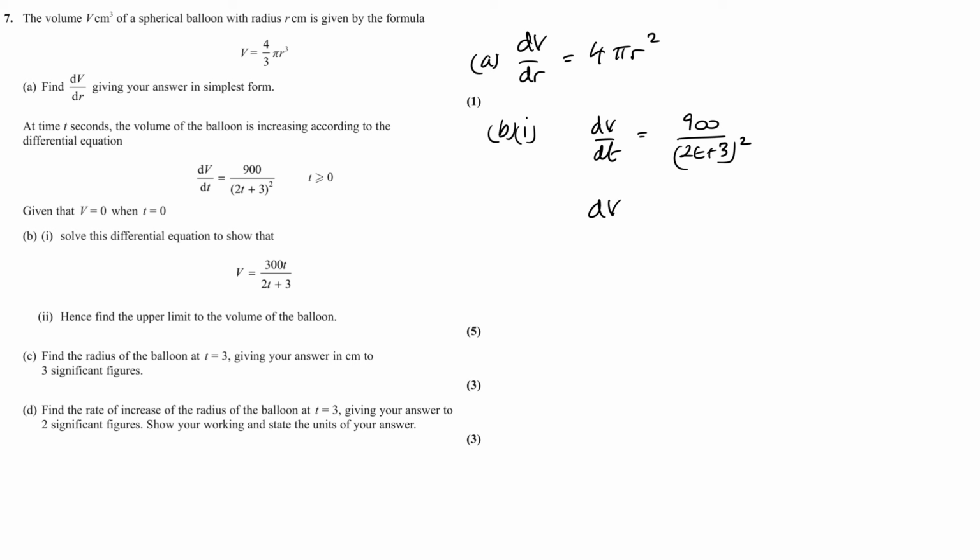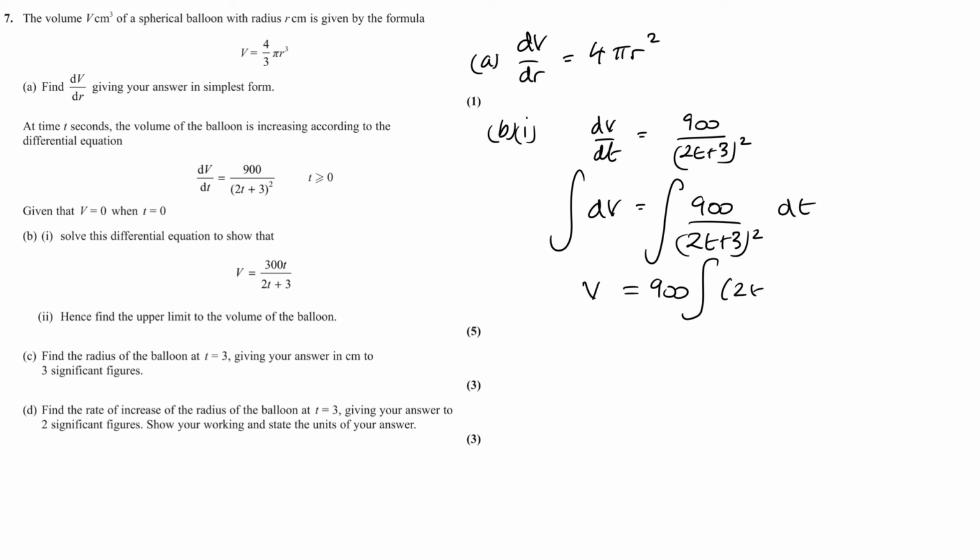I think if I stick it like this, then it makes more sense. So V equals 900, and I'll put the 2t plus 3 to the minus 2 there. Okay, and this is going to end up with a plus c.